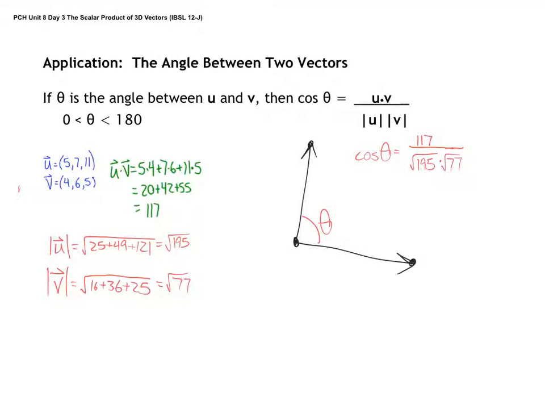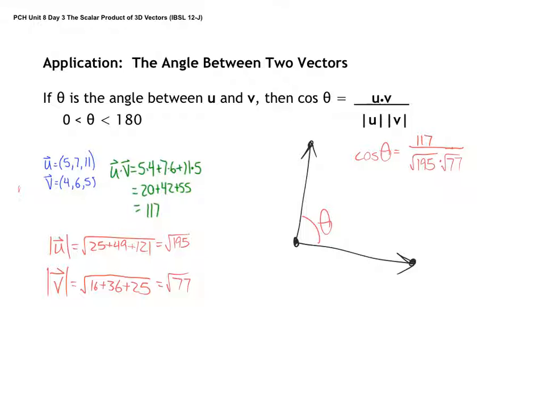What happens if the cosine is 0? It's 90 degrees, okay? We have orthogonal vectors. And by the way, the thing that would make it 0 is the fact that the dot product is 0. And then how would we get an obtuse angle?